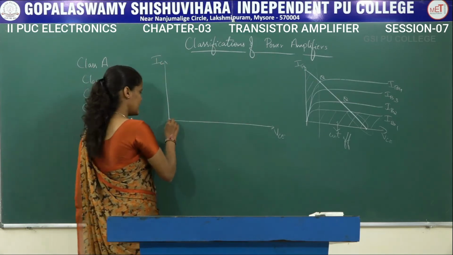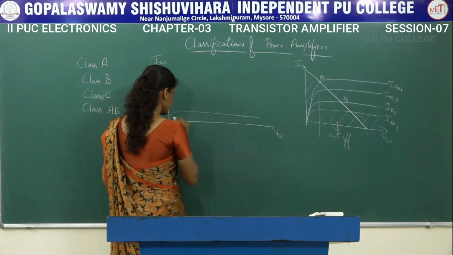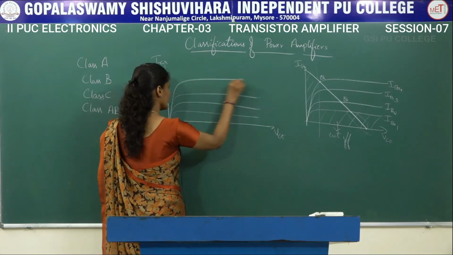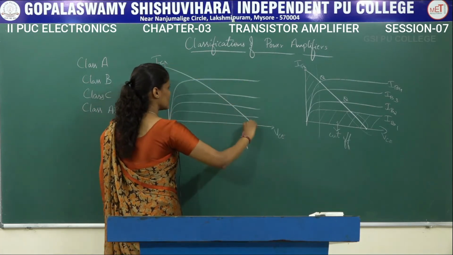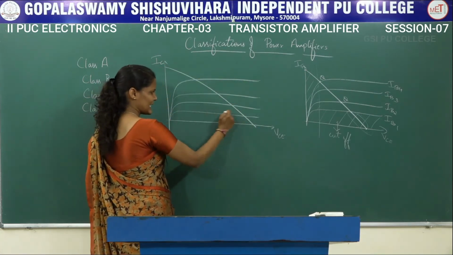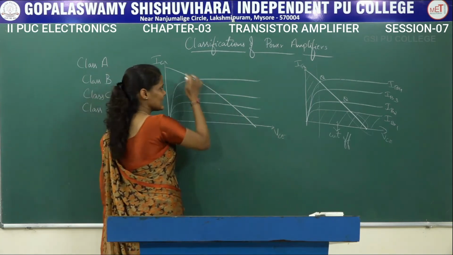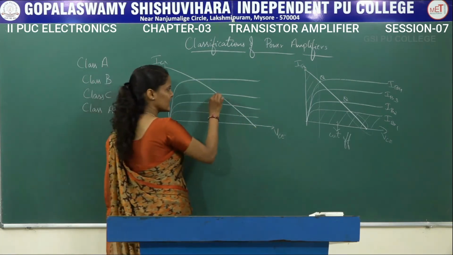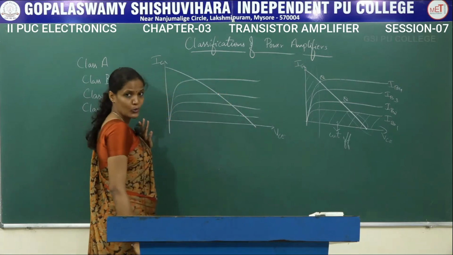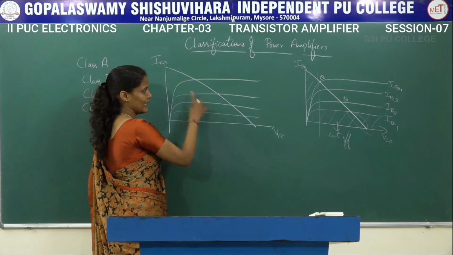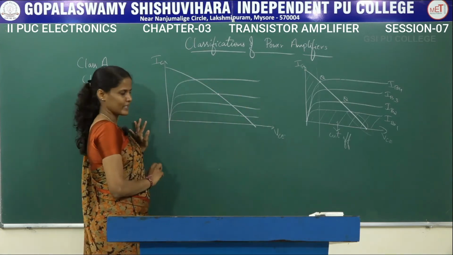Let me draw the characteristics curve of a transistor once again. I am having a DC load line over here. So this region is the cutoff region, this is the saturation region, and this straight line is the load line. Let me consider this as the Q point that is present exactly at the center of the load line or at the center of the active region.